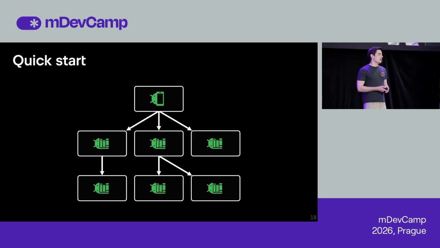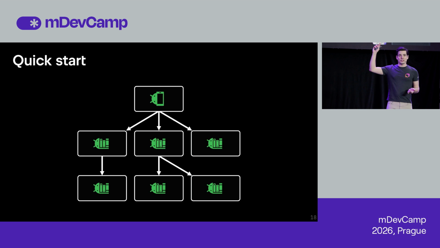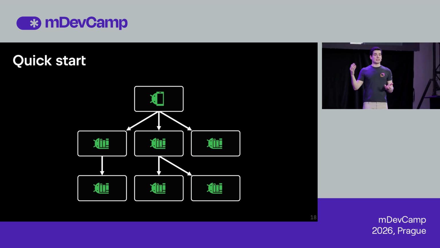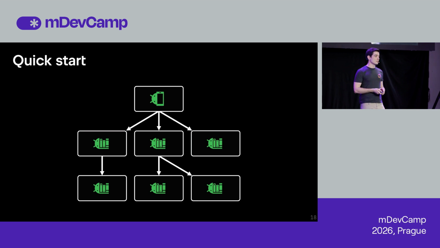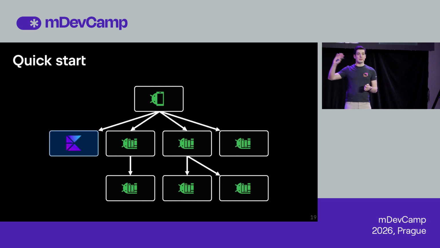Now, zooming into an actual Android project, let's say that you have a project that looks something like this. You have an Android application module at the top, and then you have a bunch of different Android libraries that you have modularized your app into. Now, one thing you can do for a very quick start with KMP is you can start with a brand new module.